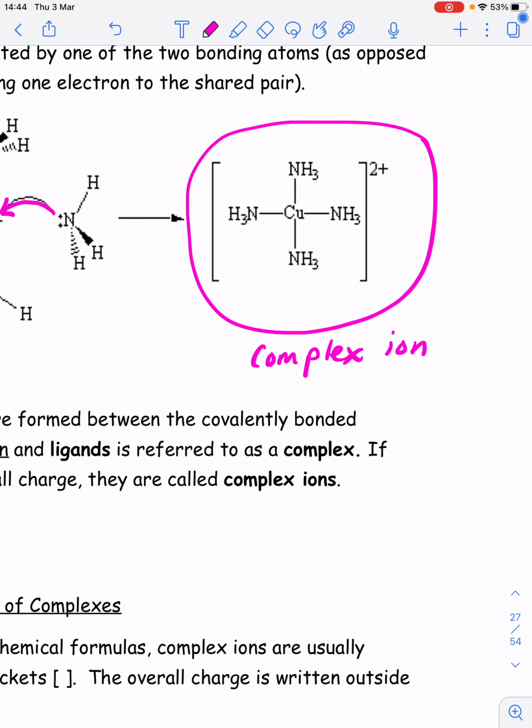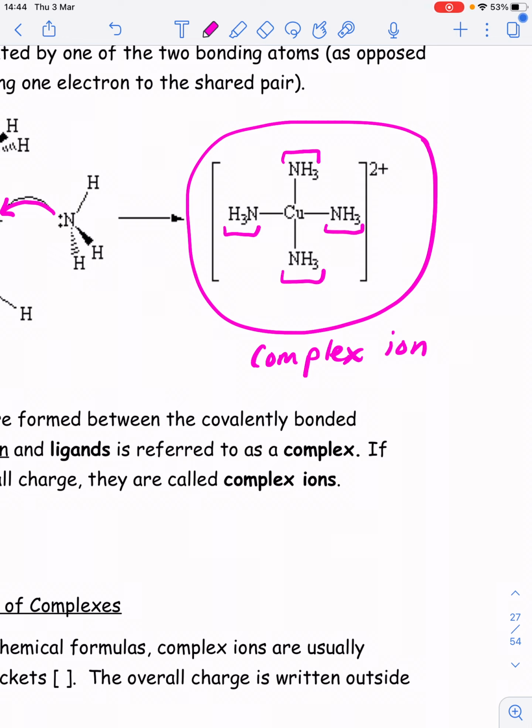Now, it's not that different from a polyatomic ion, but for complex ions, we tend not to call them polyatomic ions. They're a little bit different. They have these transition metals at the center, and then rather than just having single atoms like oxygens radiating out from the center, they tend to have these other structures around them that can be full molecules like ammonia or water.